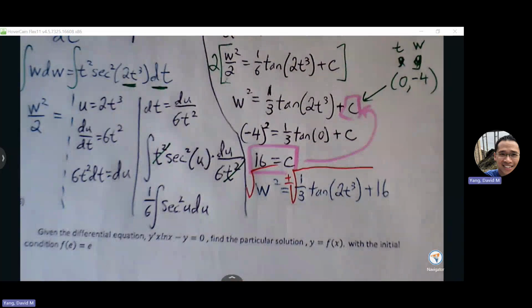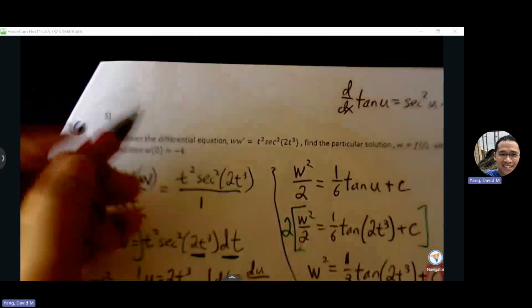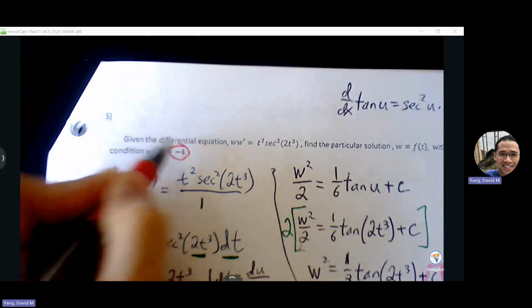Plus or minus shows up. So I have a positive square root and negative square root. Which one do I choose? Negative, because my value is negative.